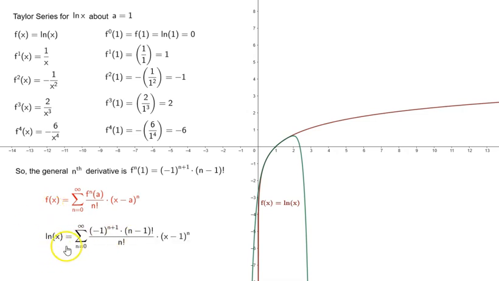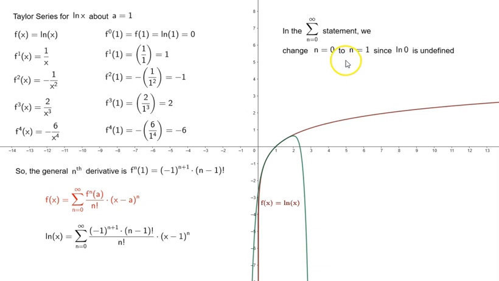So f of x, natural log of x, is equal to summation as n goes from 0 to infinity of minus 1 to the power of n plus 1 times n minus 1 factorial by n factorial times x minus 1 to the power of n. Here in the summation notation, we have n equal to 0 to infinity.